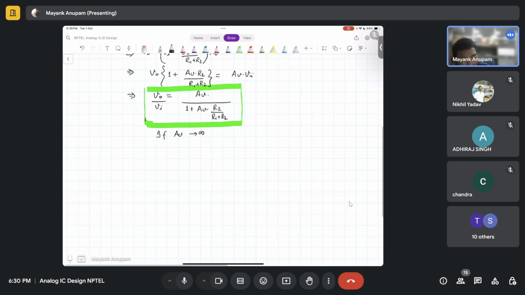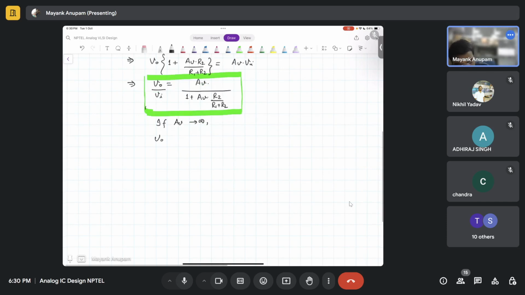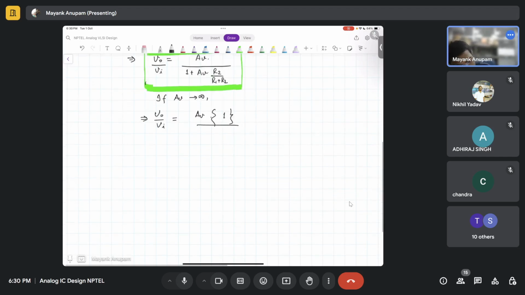Now if AV tends to infinity, what is going to happen? You take AV common from both the numerator and the denominator. In the denominator, this becomes AV times 1 over AV plus R2 over R1 plus R2.